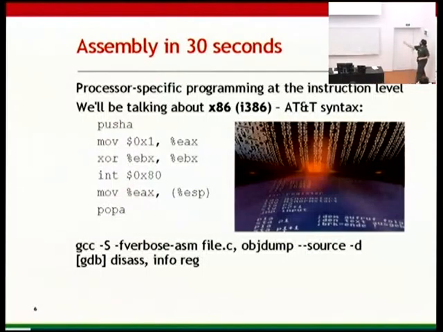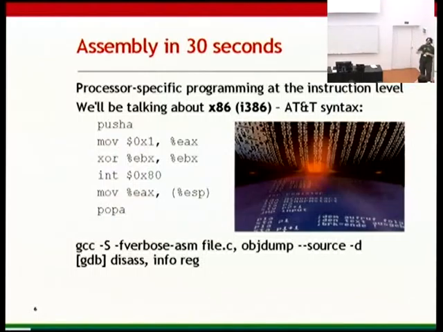The mov instruction sets the content of the register EAX, which is kind of like the first register of the processor, to value 1. The third line is a bit weird. Do you know the XOR bit operation? So who knows what that third line does? Okay, some of you do. You take the content of the second register, the EBX register of the processor, and you XOR it with itself.